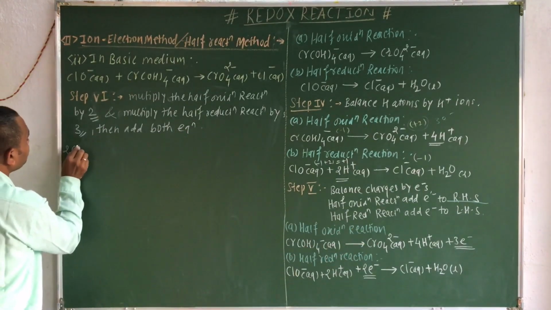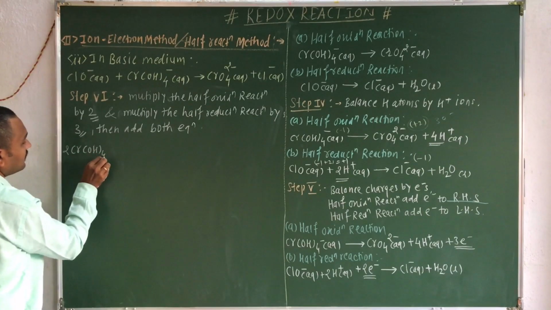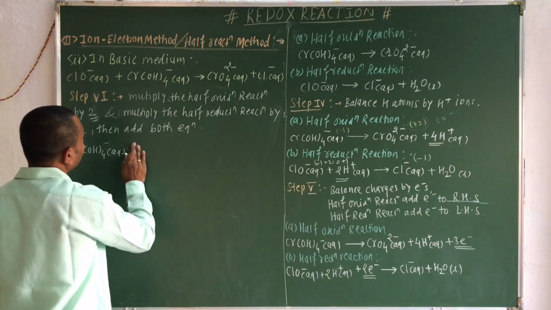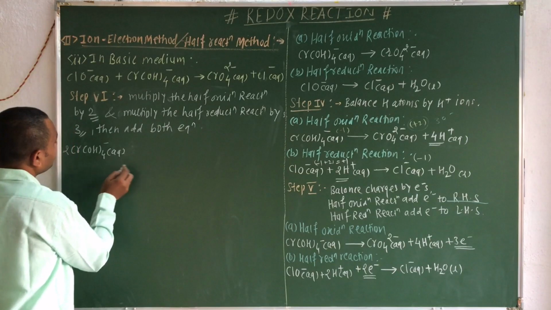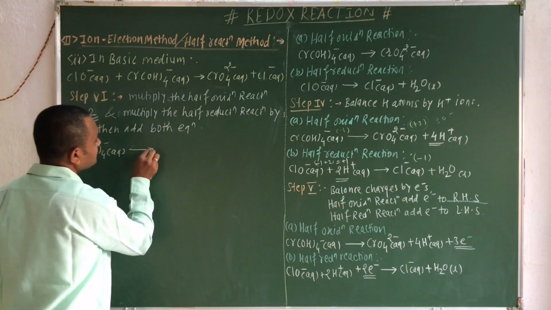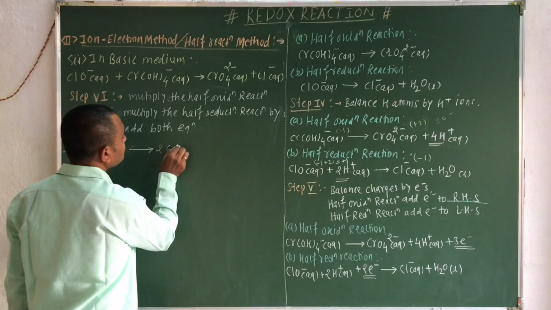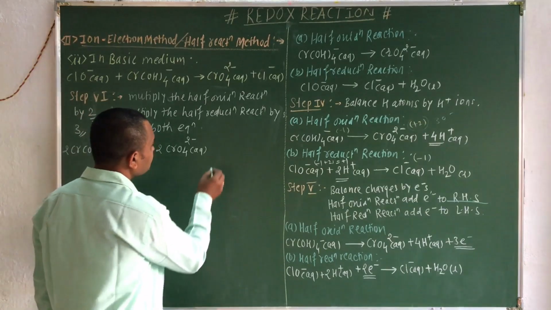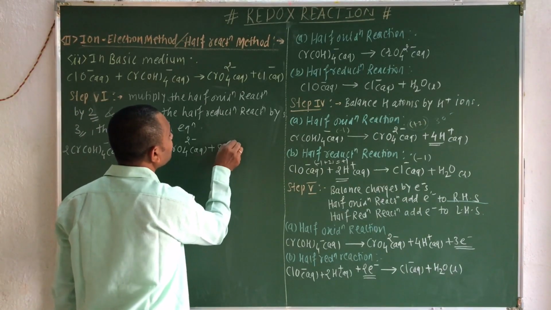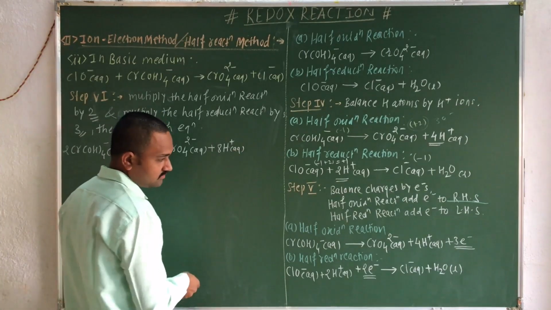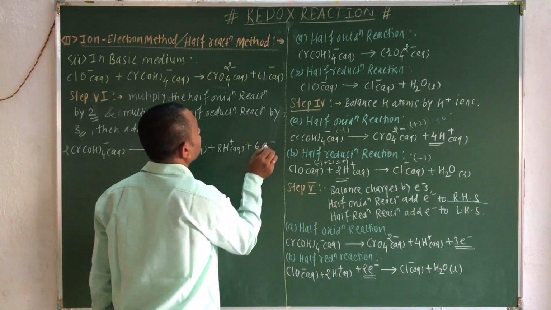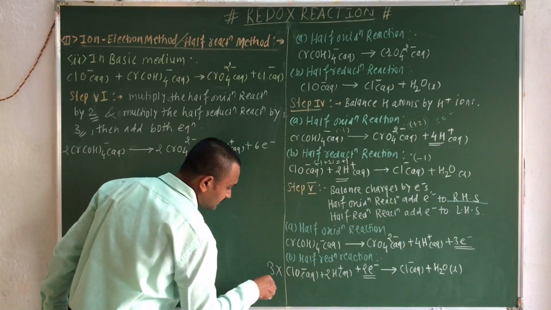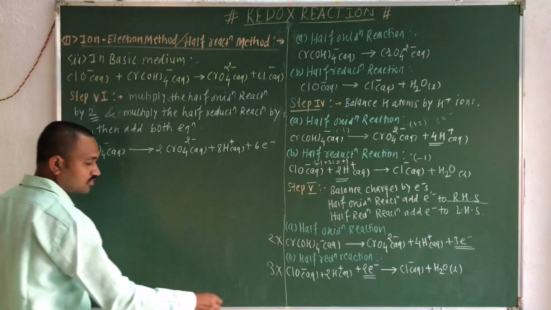So therefore 2 CrOH4 minus aqueous, do it very carefully, gives 2 CrO4 2 minus aqueous plus 4 2s are 8 H plus ion plus 6 electrons. Okay, now similarly I am going to multiply this equation by 3, this by 2, overall equation.